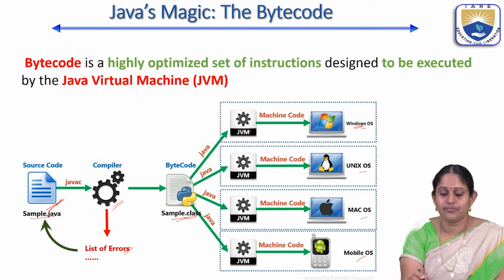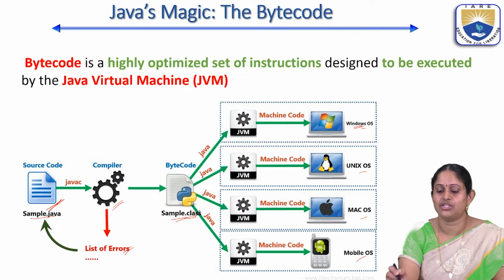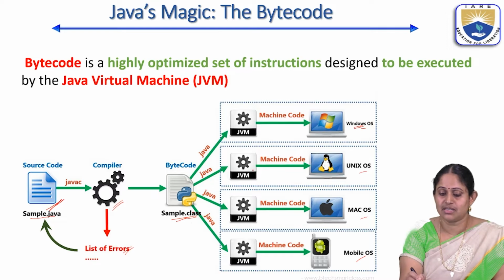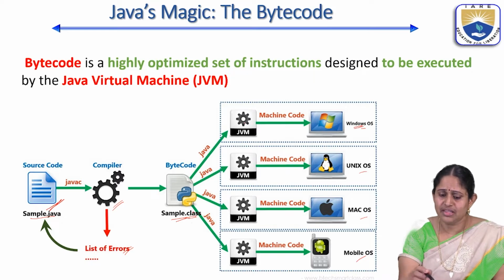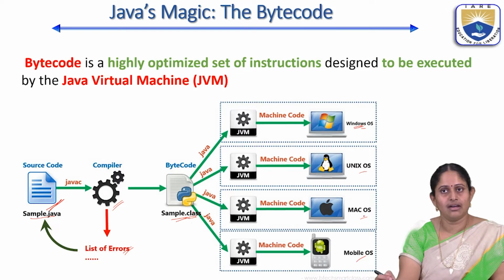This JVM will convert the intermediate bytecode, or the dot class file, into its corresponding machine code. So this JVM is the one responsible for making Java platform independent. The bytecode which we received from Windows can be taken and executed in Unix, Mac, or any other platform.